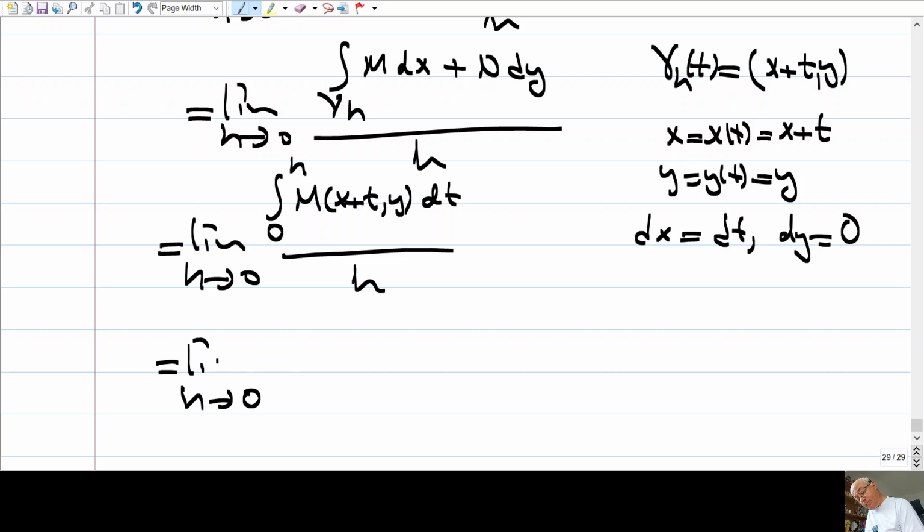I can write it this way. Let's say m tilde of x y. Here only t is the variable, right?